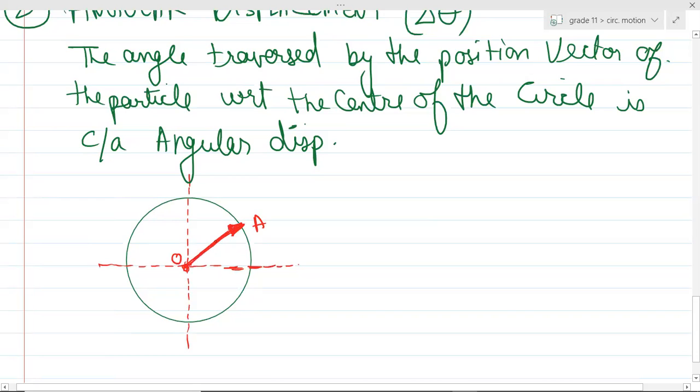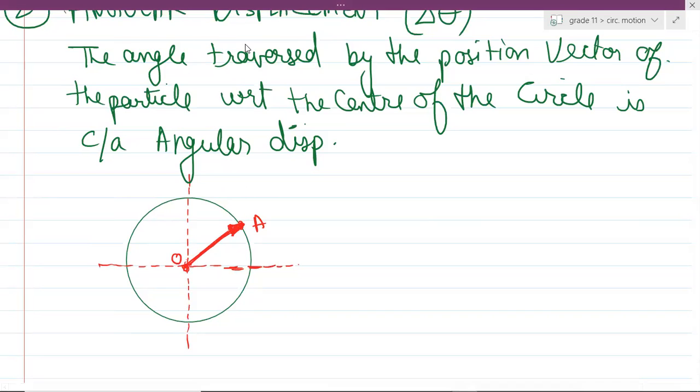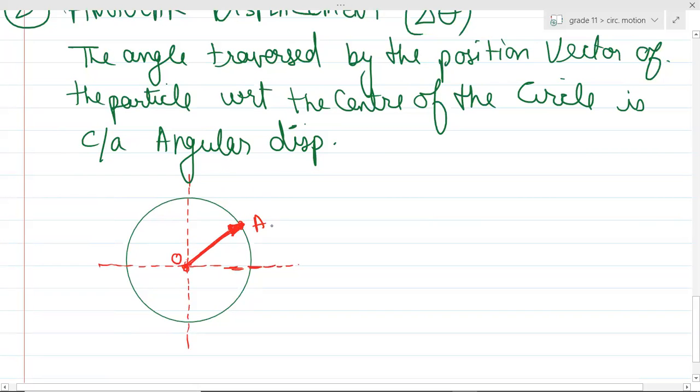Is this the position vector of this point with respect to the center? Yes or no? So let's say at t equals 0, the angle made is theta. Theta is basically the initial angle.